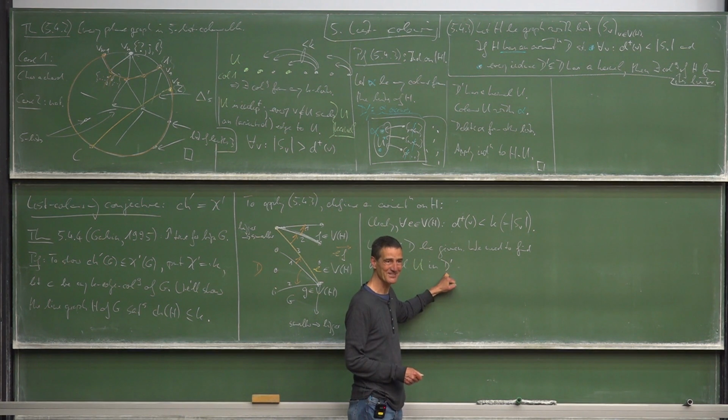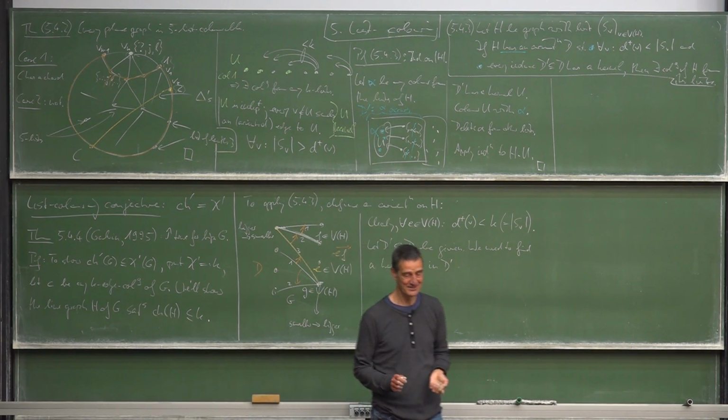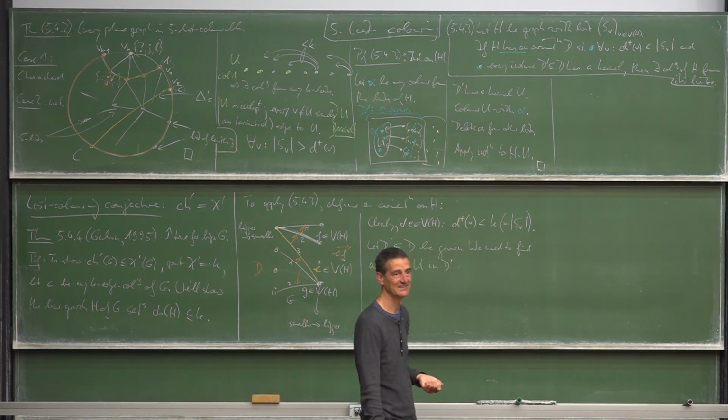Therefore, pairwise non-adjacent vertices of D. Therefore, pairwise non-adjacent vertices of H. Therefore, pairwise non-adjacent vertices, edges of G. What's a set of pairwise non-adjacent edges? Yeah, it's a matching.